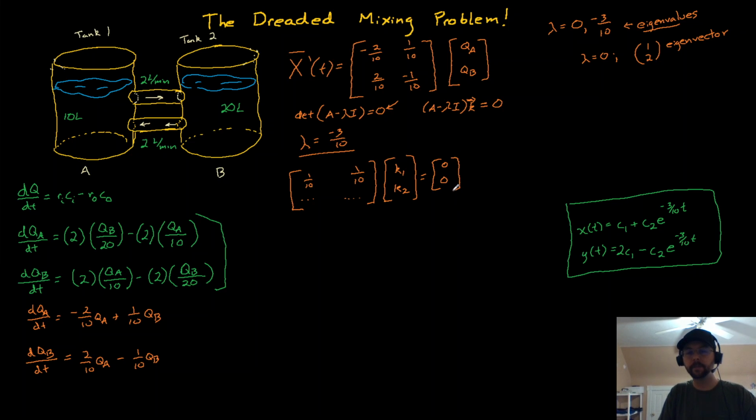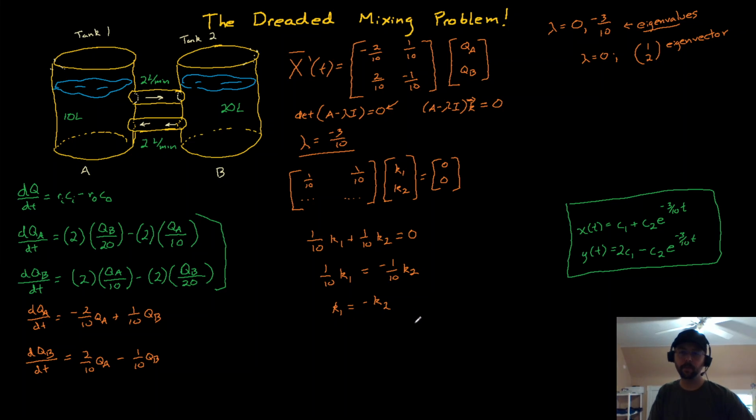0/0. Now, same deal. We're going to end up with 1/10 k1 plus 1/10 k2 equals 0. Let's subtract the k2. 1/10 k1 equals -1/10 k2. Multiply both sides by 10. k1 equals -k2.